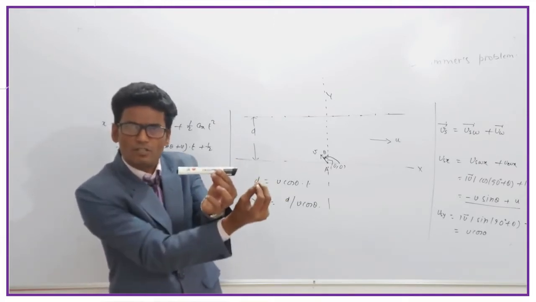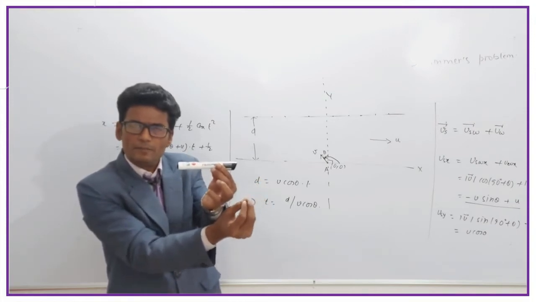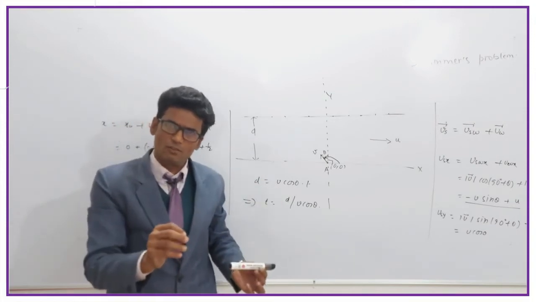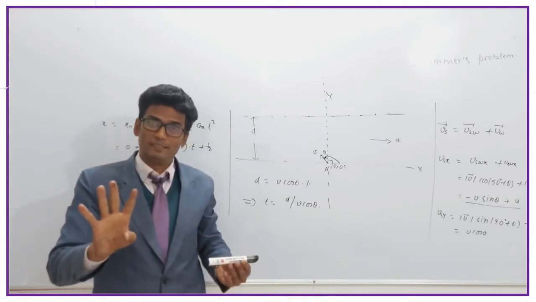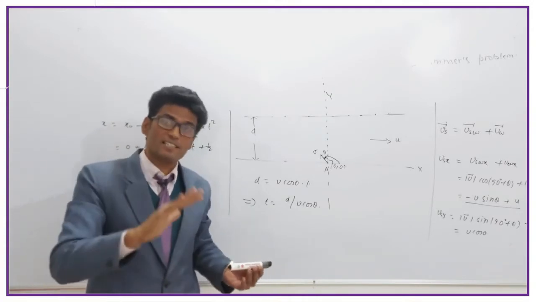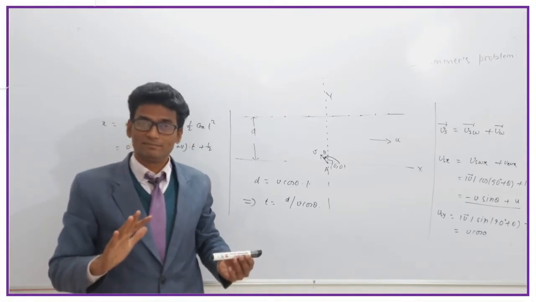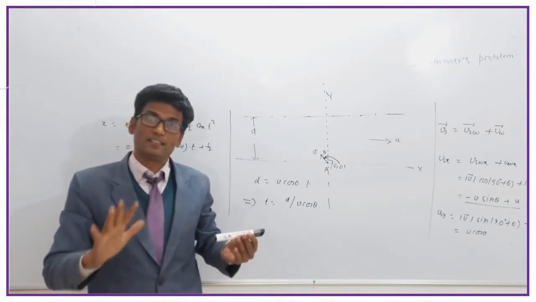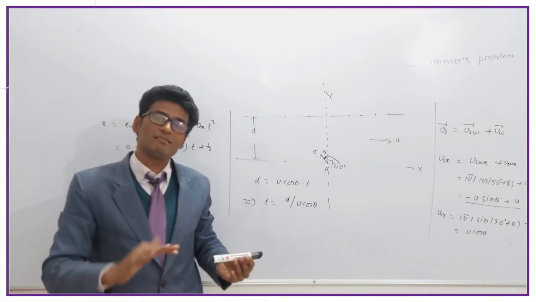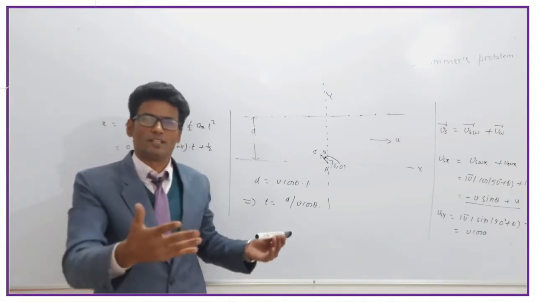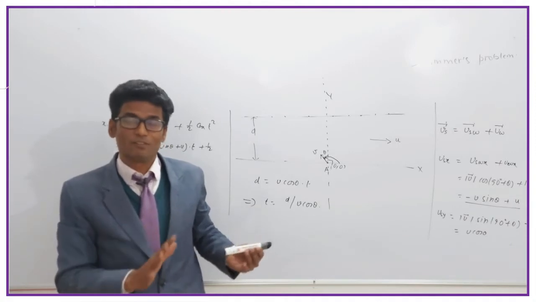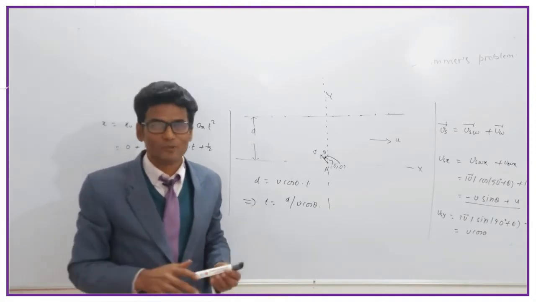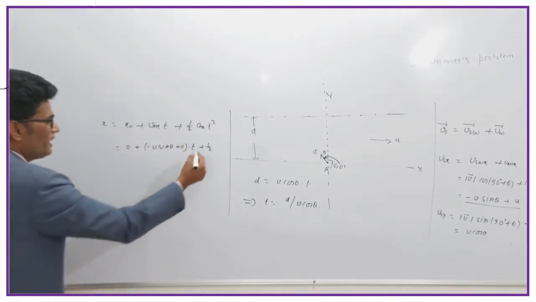Mod g vector cos 90, cos 90 makes it 0. So a x is 0. However, later on we will take a problem in which the swimmer may apply some acceleration. Then we have to take into account this acceleration either in the x or y or in both directions. That will be very interesting. Wait for that. But right now there is no acceleration. Okay, so a x is 0.